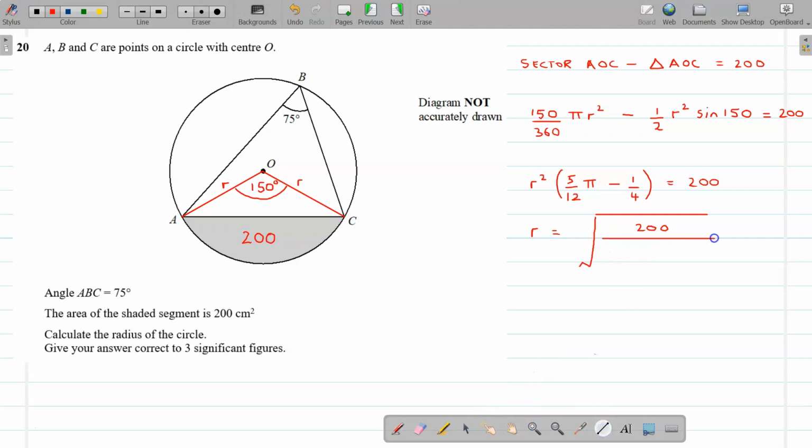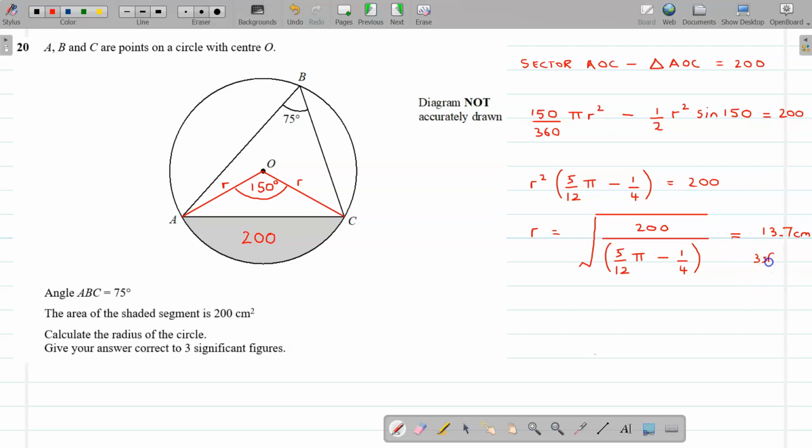Okay, so let me just do that for you. 200 over this thing here. So if I just make a quick copy of that and put that under there. As long as that's presented on the calculator like that, it will give you the right answer. And it comes to 13.7 centimeters to 3 significant figures, which is what it asks for.